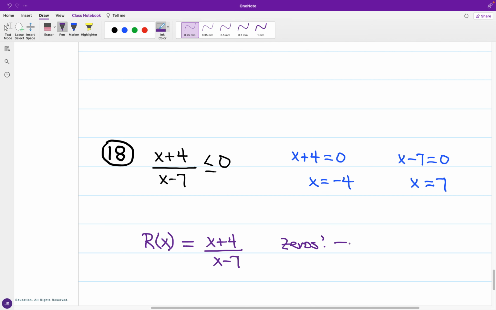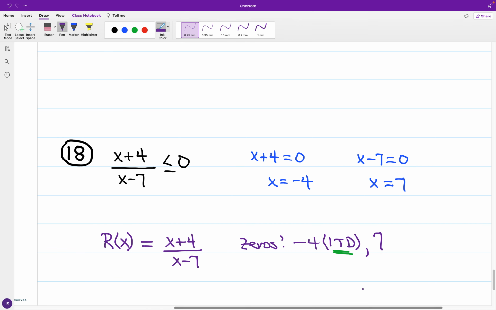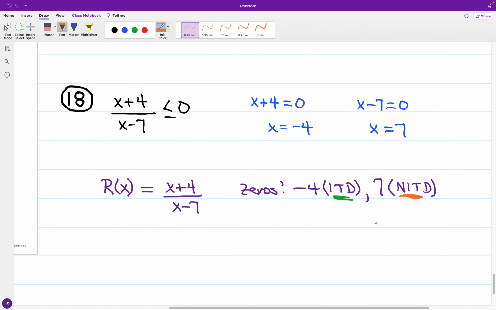For the zeros, negative 4 stems from the numerator, x plus 4, so that is in the domain. The other zero, 7, is going to create a 0 denominator, and so that one is not in the domain. So we have r of x established and the zeros determined.